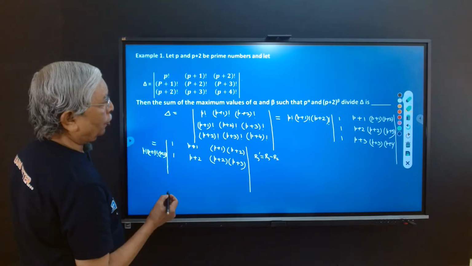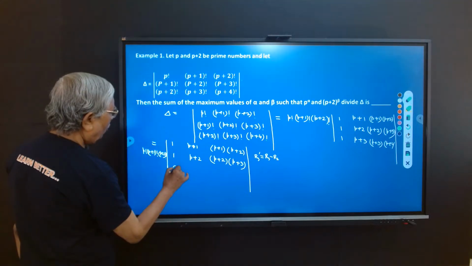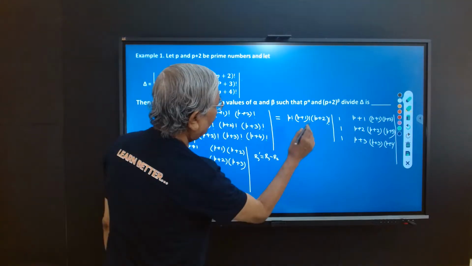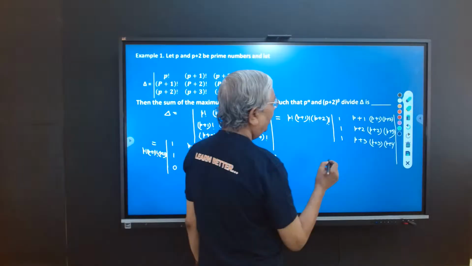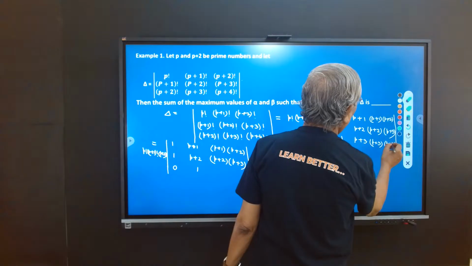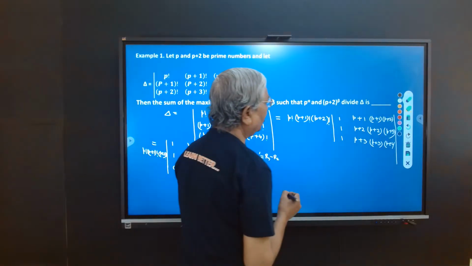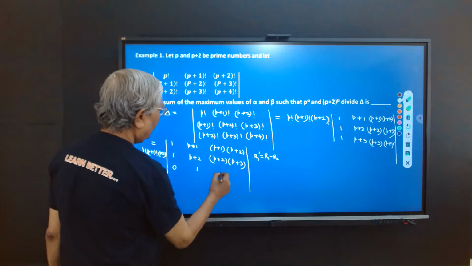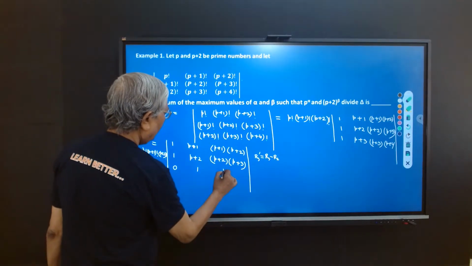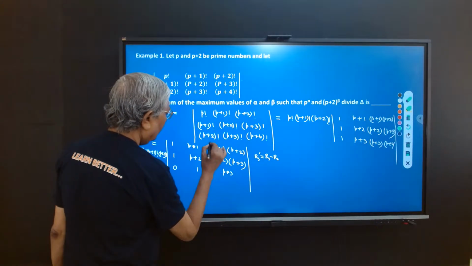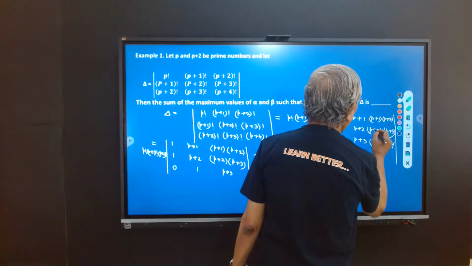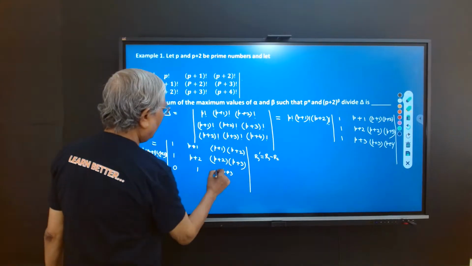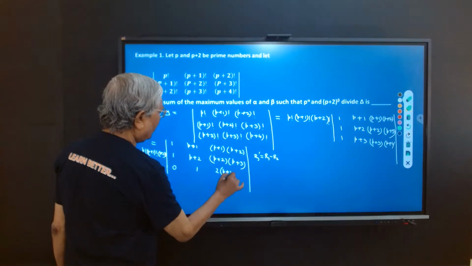Third row minus second row: this is 0, and 3 minus 2 is 1. And this minus this, p plus 3 into p plus 4, take common p plus 3: p plus 4 minus p minus 2. So this is 2 into p plus 3.